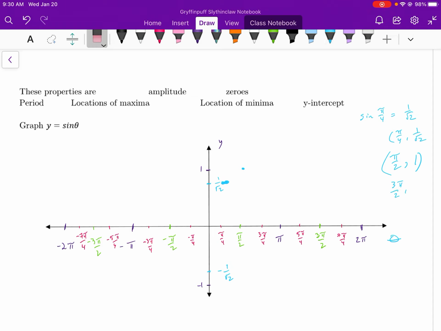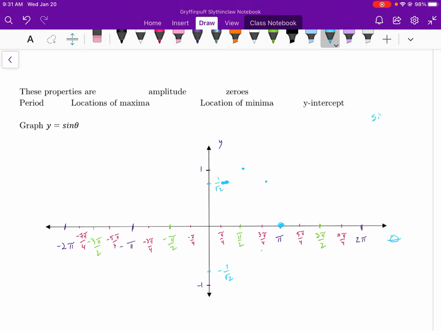Now I'm going to consider 3 pi over 4. Well, 3 pi over 4 has a sine value of 1 over root 2, which is right there. Now, pi has a sine value of 0.